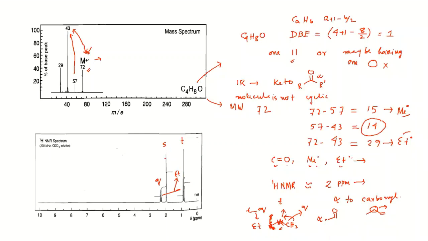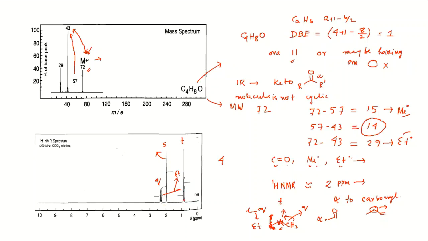Now this singlet around 2 is not being split. That means it has no nearby carbon having protons. So this proton is not coupling to anybody. Now remember, you have 4 carbons, but here you have 3 types of proton.